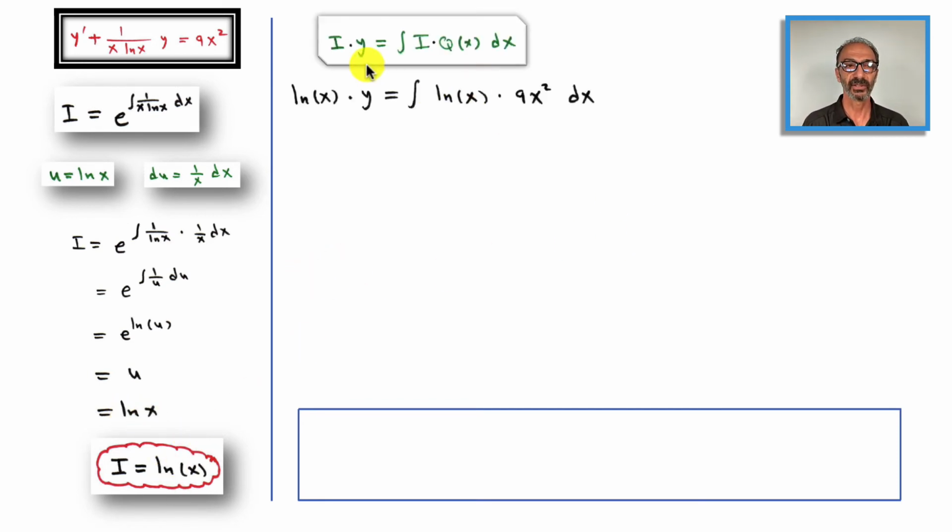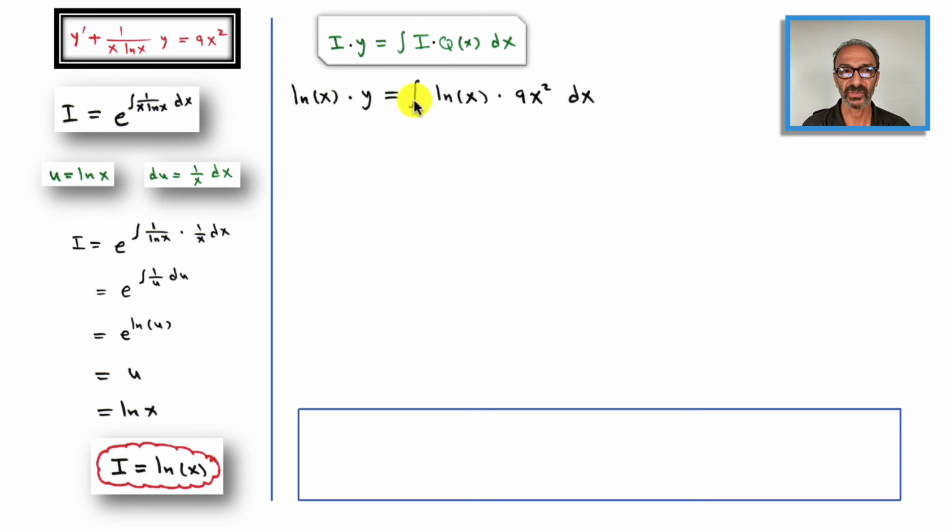We get I times y equals the integral of I times q dx. Here's I, which is ln x, times y equals the integral of I, which is ln x, times q, which is 9x squared dx.